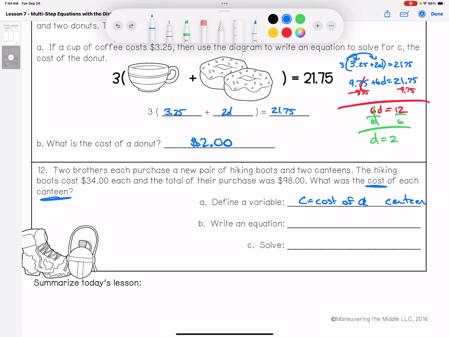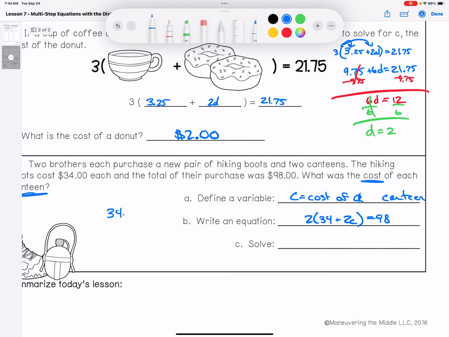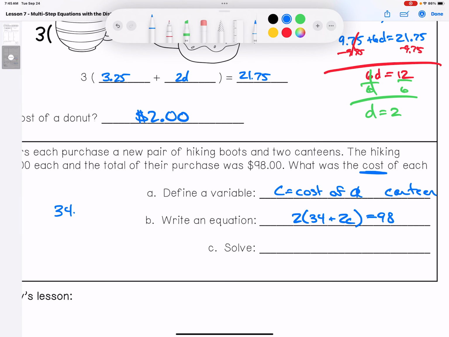All right, two brothers each purchase a new pair of hiking boots and 2 canteens. So both brothers purchase hiking boots at $34. They both do it. And they also get 2 canteens. So it'd be 34 plus the 2 canteens. I don't know the cost. We do know their total was $98, and we do know that there's 2 brothers. So it'd be 2 parentheses 34 plus 2C equals 98.